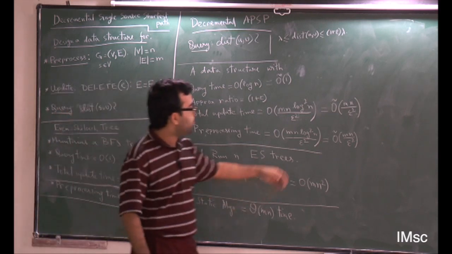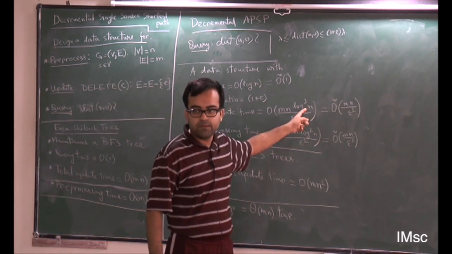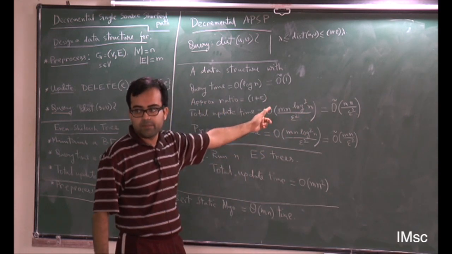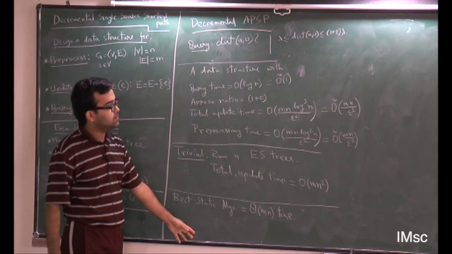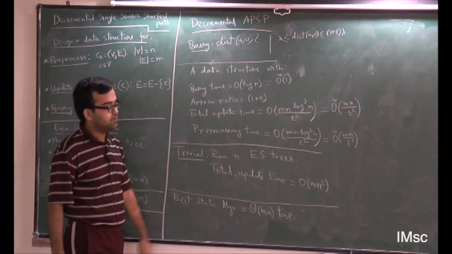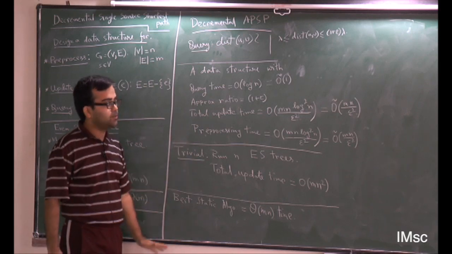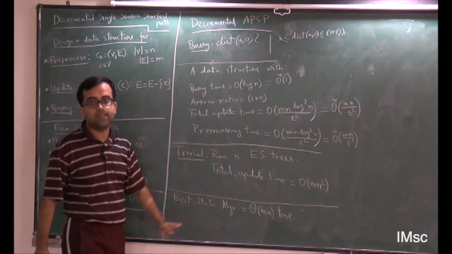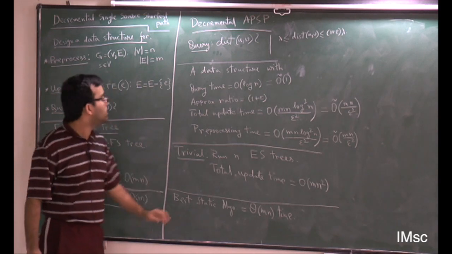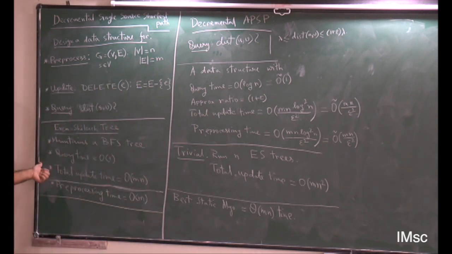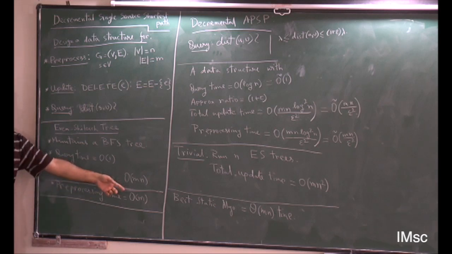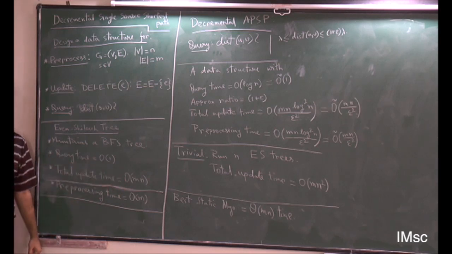So, ignoring these polylog n factors, which are significantly small, this matches the running time of the best known static algorithm. So, this is in some sense optimal, conditioned on the fact that the static algorithm is optimal, which we could not say for the previous Even-Shiloach tree algorithm, right, because there what is the best known static algorithm? It is just build one BFS tree that takes m time, whereas here the total update time was mn. Okay.